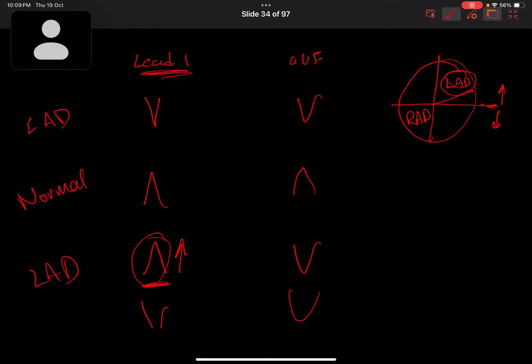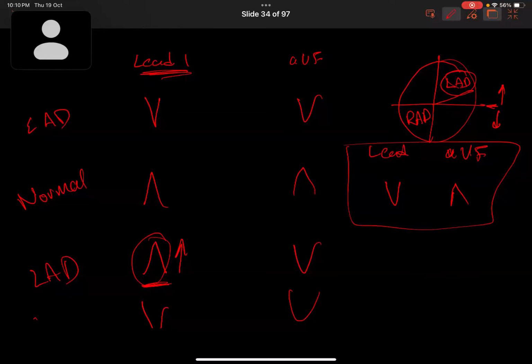Right. Okay, so what if one is downwards in lead one, and in AVF it's facing upwards? It's below the line, so right axis deviation. Exactly. So that's going to be your right axis deviation.